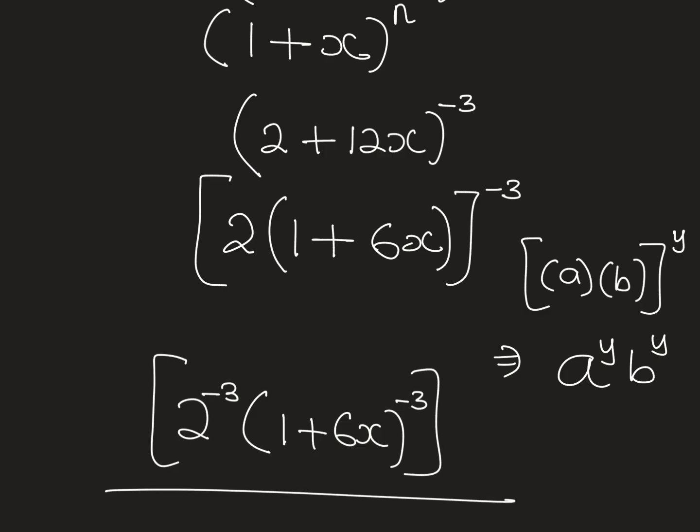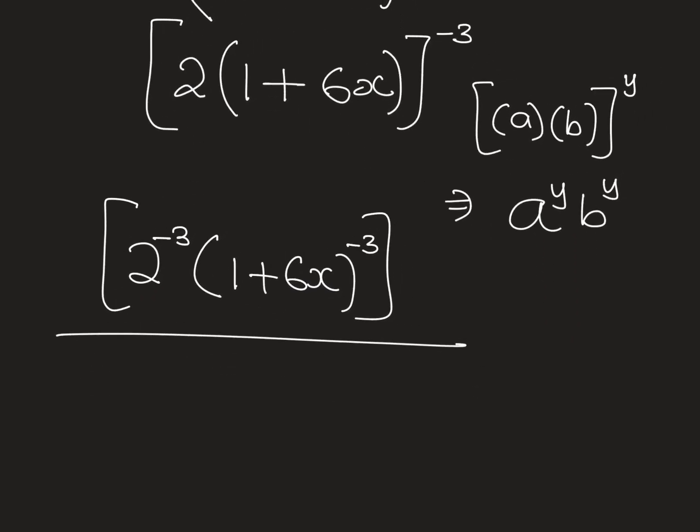And that is it. Okay, so that will be the factorization. And so here, if we want to expand this using the general formula, n will be minus 3, but in the place of x will be 6x, right? In the place of x, you will write 6x.